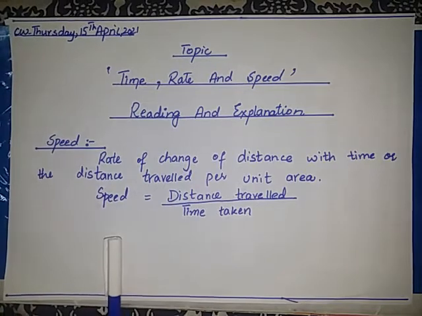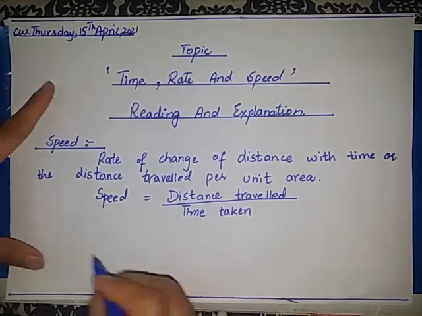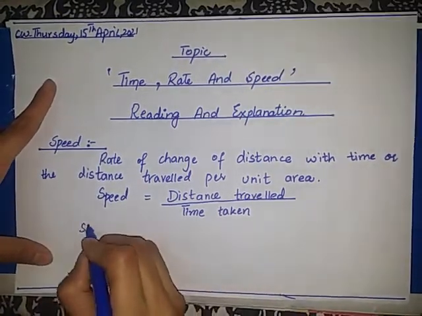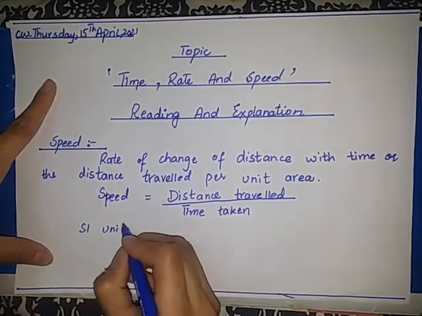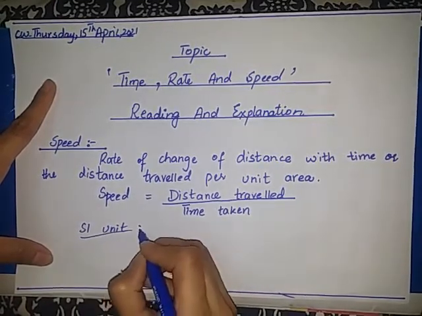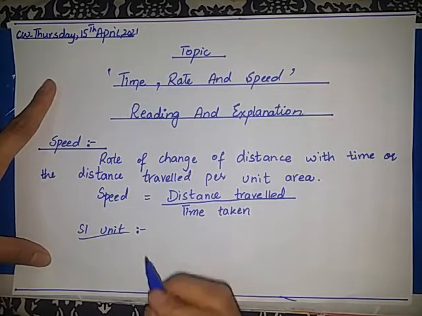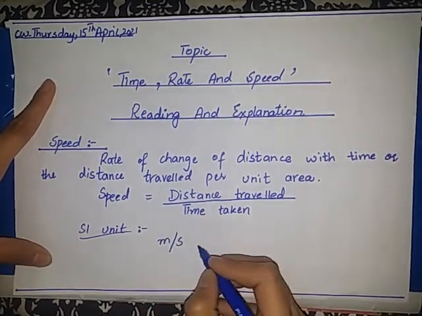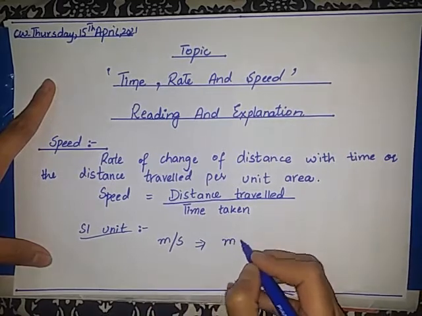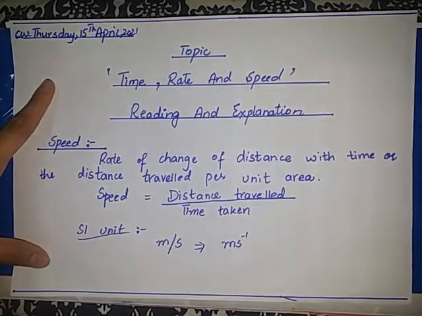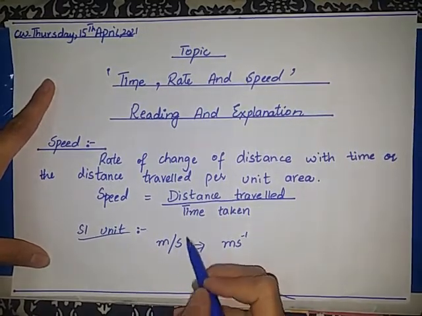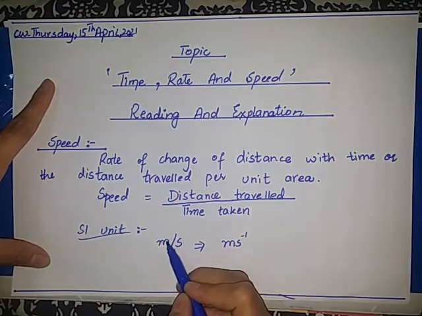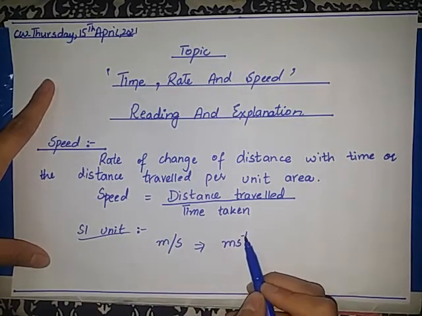Students, now we will see the SI unit of speed. What is the SI unit of speed? The SI unit of speed is meter per second, which is equal to ms minus 1. So this s, when moved upward, will become minus 1.